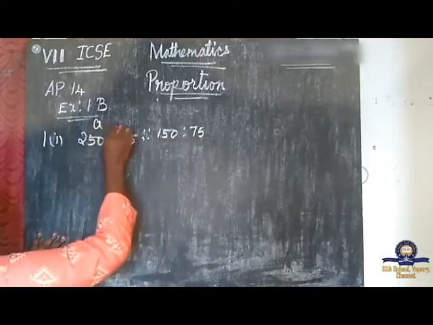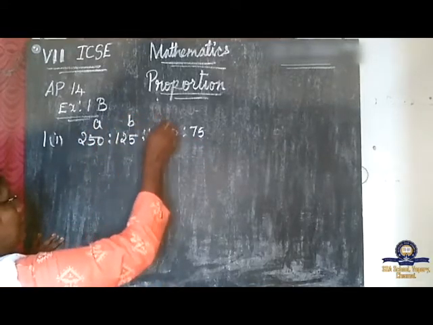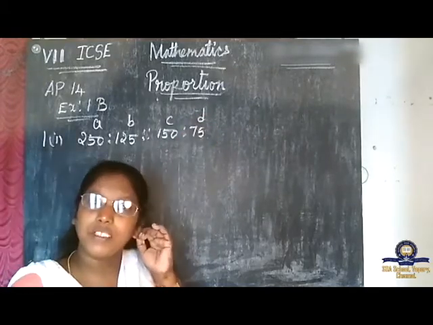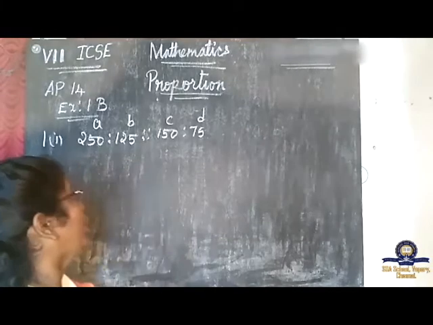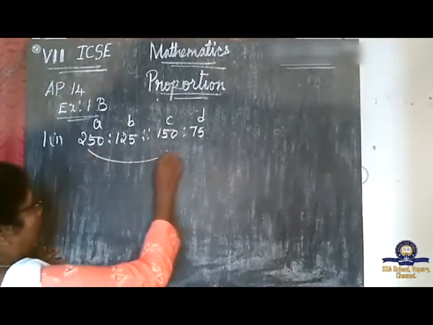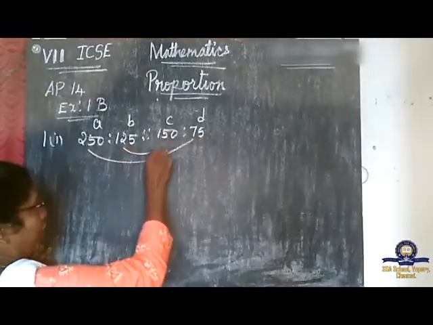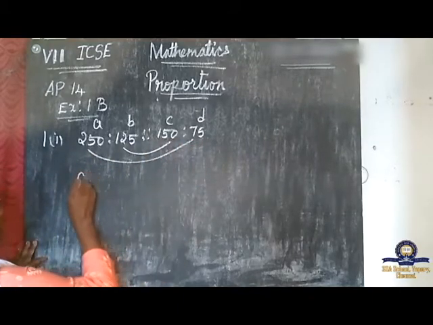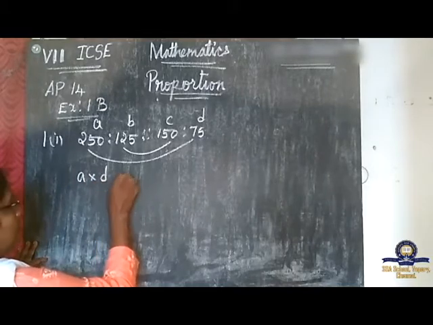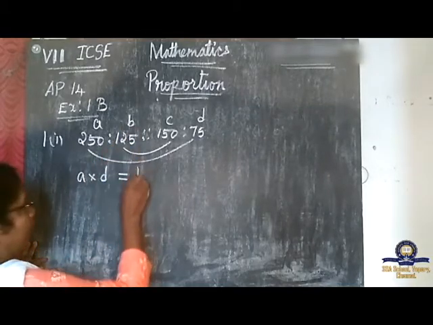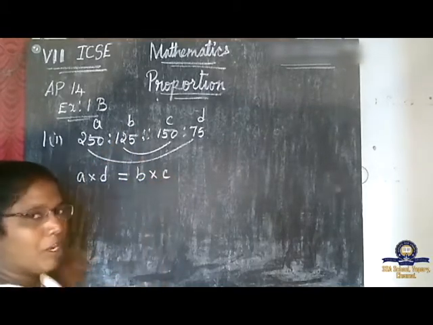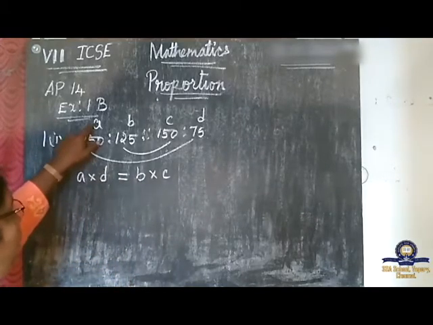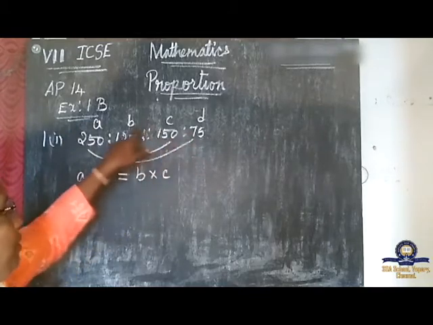Let's take this as A, this as B, this as C, this as D. What is the cross product rule? Product of means should be equal to product of extremes. What is the product of extremes? A multiplied by D should be equal to B multiplied by C. This is called the cross product rule. Already explained to you. A multiplied with D and B multiplied with C.